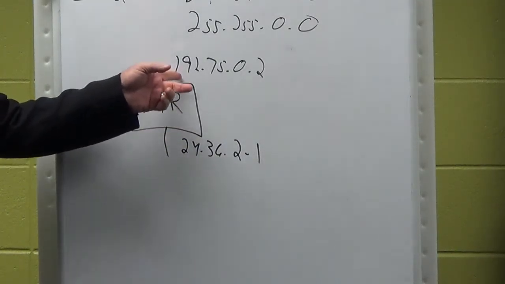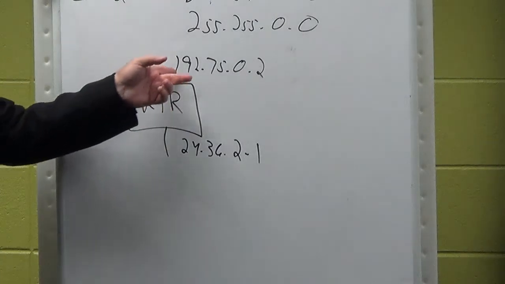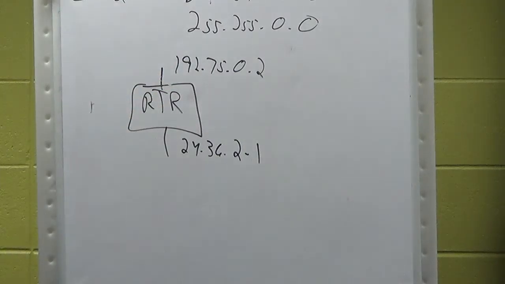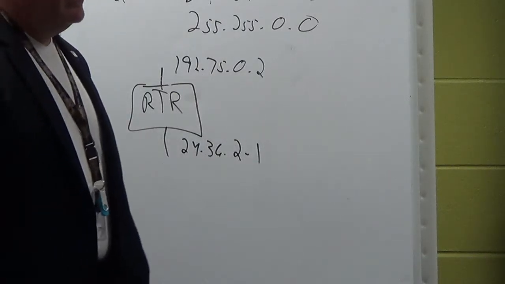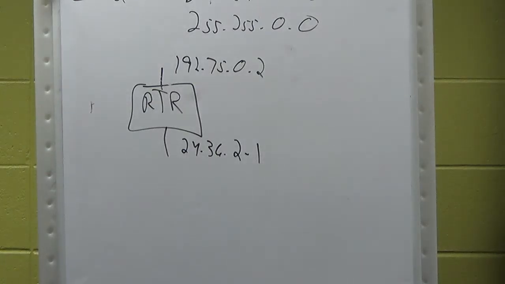Where would I tell a host in Chicago to go find this router at this IP address? As I'm configuring its IP address, how do I tell it that this is the router? One person knows the answer, even though we already covered it this morning.